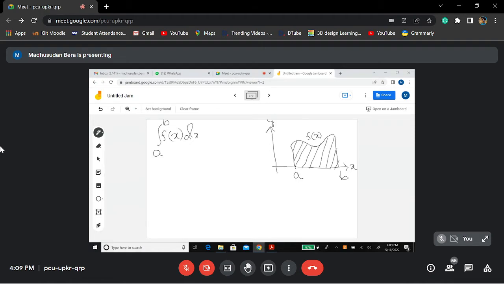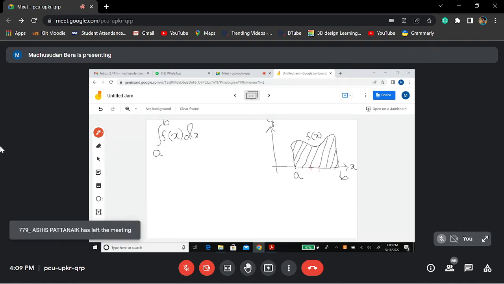Since we will not always get a function g x whose derivative is f x, it is not always integrable. That's why what we will do is divide this AB interval into n equal subintervals, each of the same length, by different points.